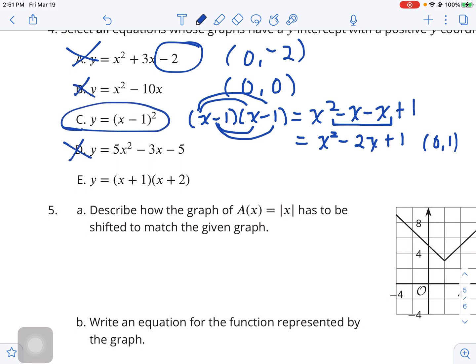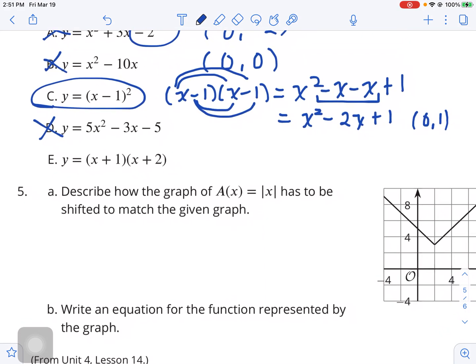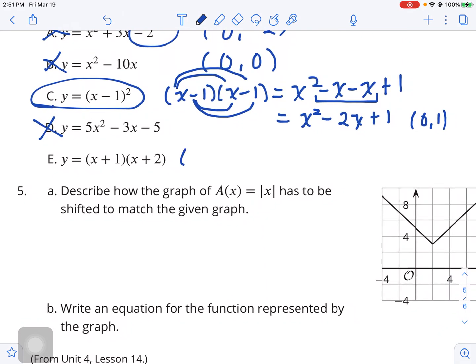That one's out because the y-intercept there would be negative 5. And for letter E, again, if we expand this out, we have x plus 1 times x plus 2. X times x is x squared. X times 2 is 2x. 1 times x is x.